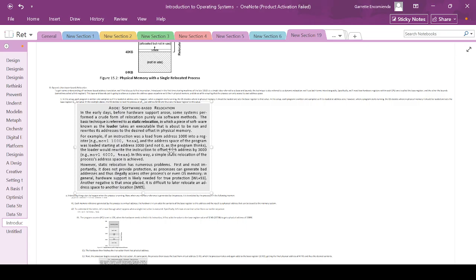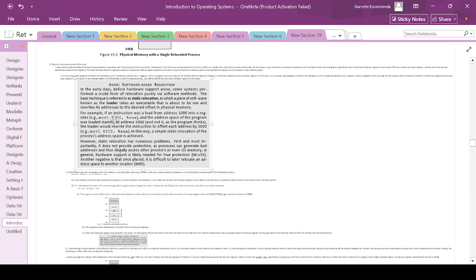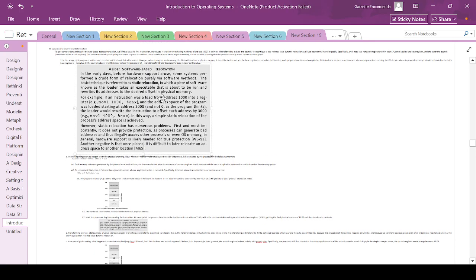The basic technique is referred to as static relocation, in which a piece of software known as the loader takes an executable that is about to be run and rewrites its addresses to the desired offset in physical memory.